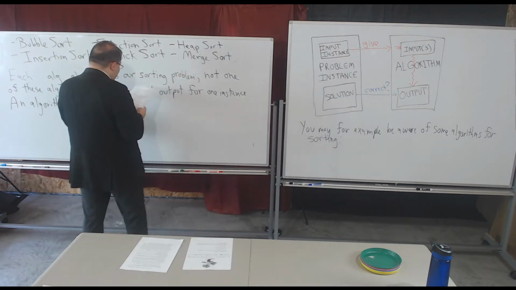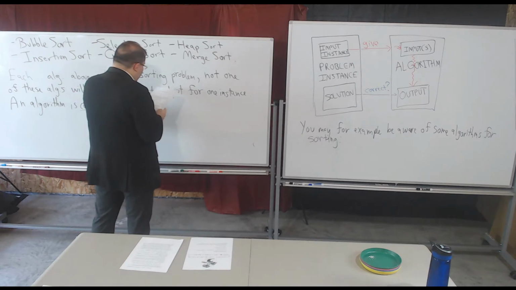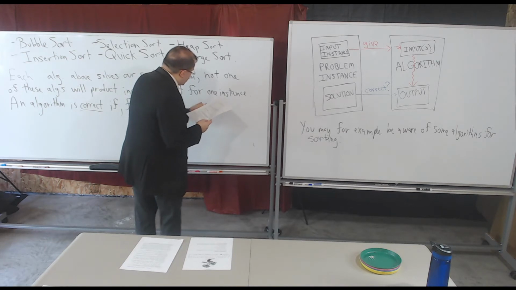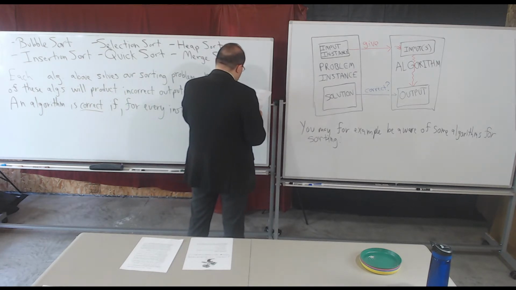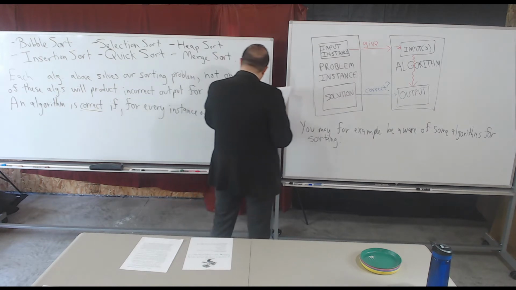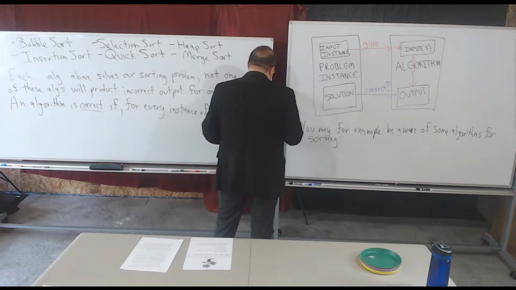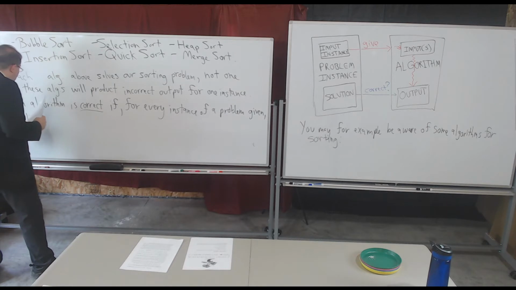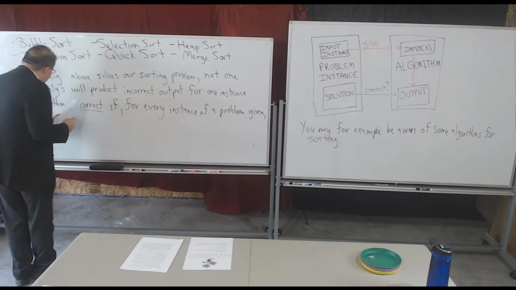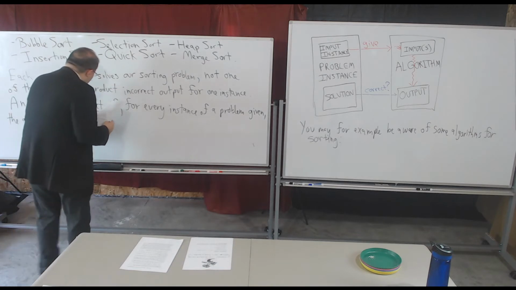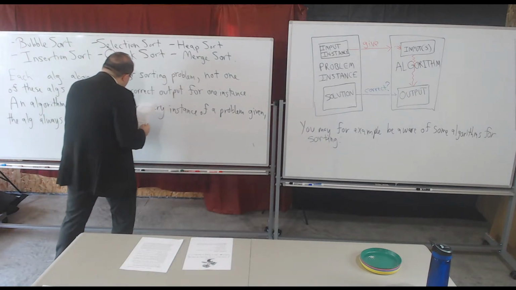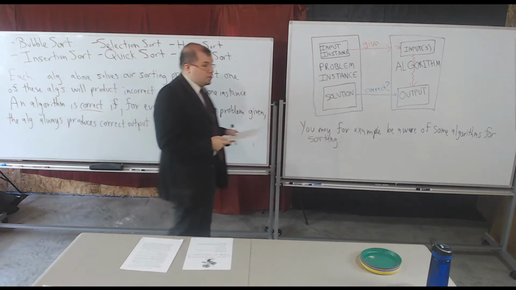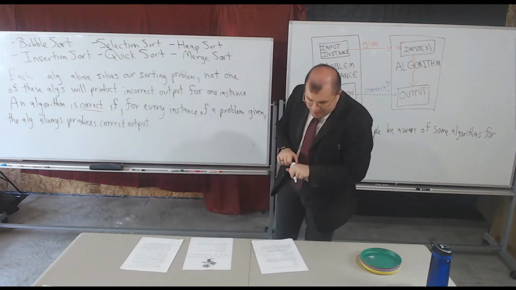If for every instance of a problem given, the algorithm always produces correct output. So that's our definition of what a correct algorithm is. So there's no fudging around with the way our input works.